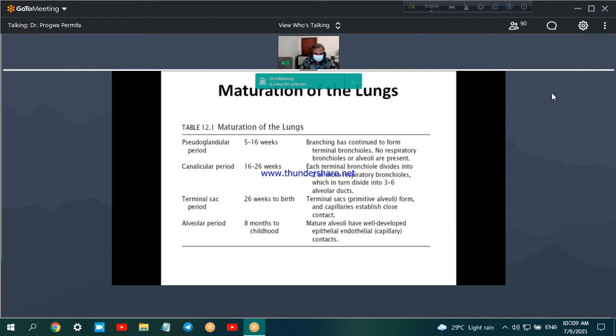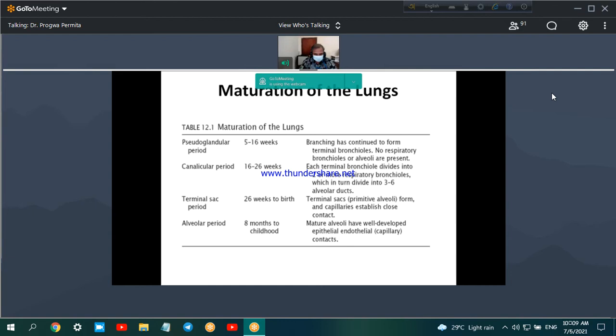Embryonic period, 4 to 5 weeks. Here the lung buds originate as an outgrowth from the ventral wall of the foregut, where lobar division occurs. Then the pseudoglandular period from 5 to 17 weeks, conducting epithelial tubes surrounded by thick mesenchyme are formed. Extensive airway branching occurs in this period.